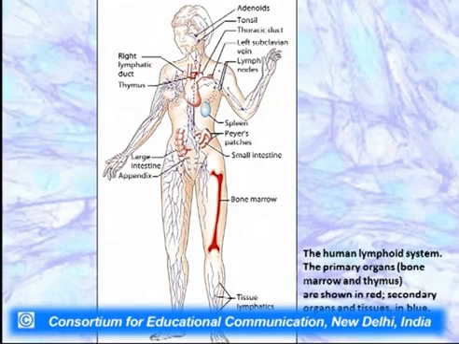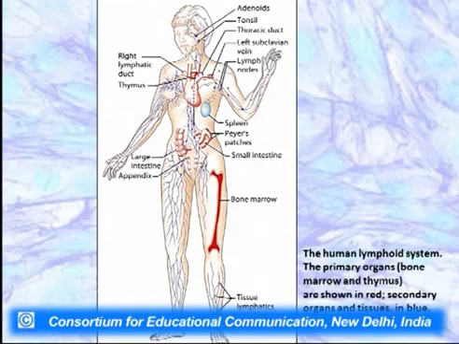Now, you can see there is the spleen, the Peyer's patches, the appendix, tonsils, lymph nodes. They are generally shown as blue, and they are all secondary organs and tissues. All these together, along with the lymphatic capillaries, form the lymphatic system of our body.